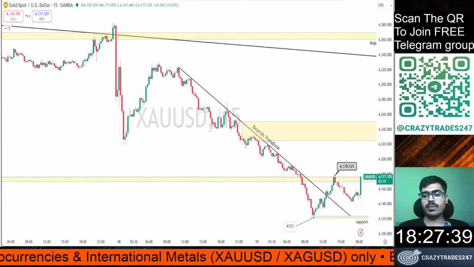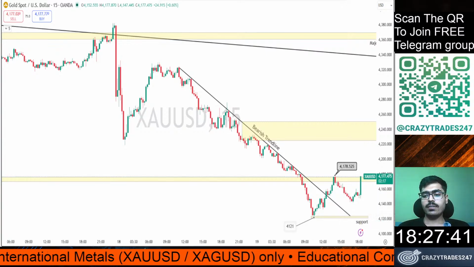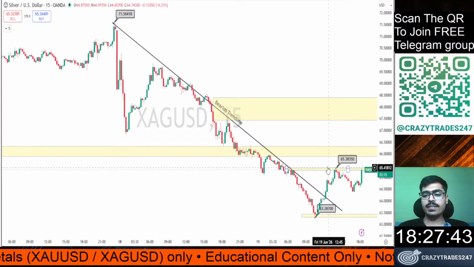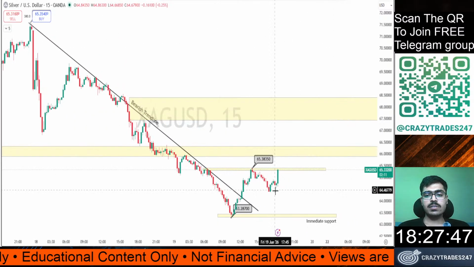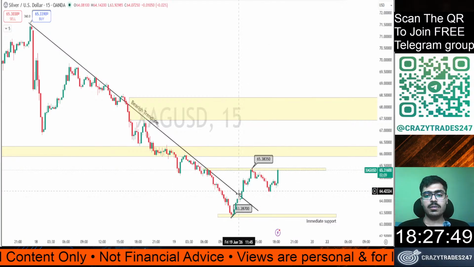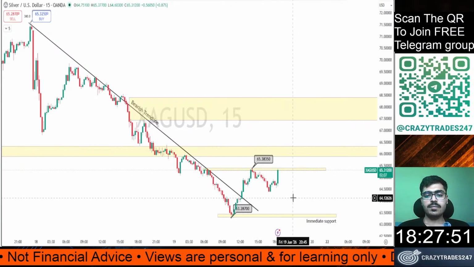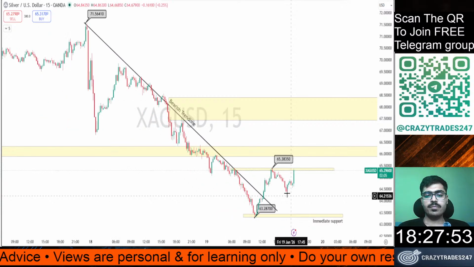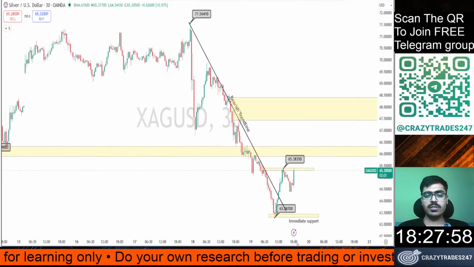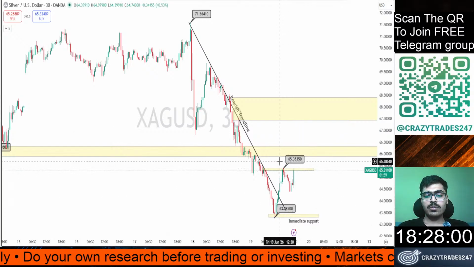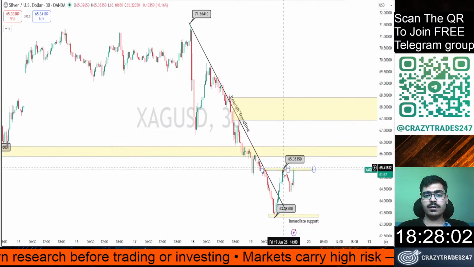Leave it. We won't be taking long trades here because price has not consolidated enough. This price structure does not give more confidence to me. So I won't take any forced trade.